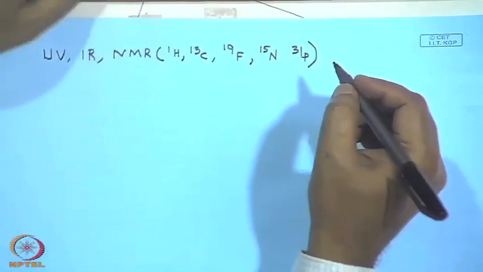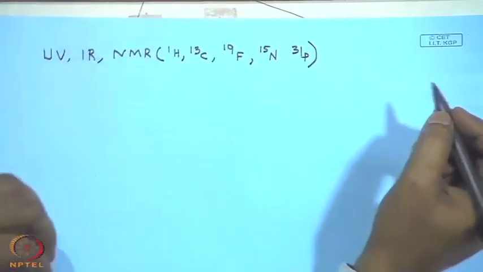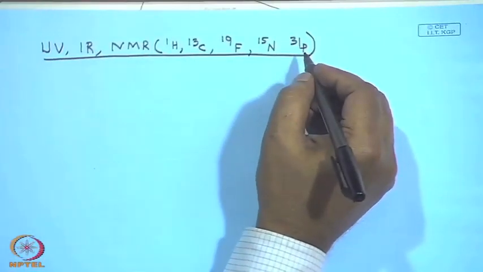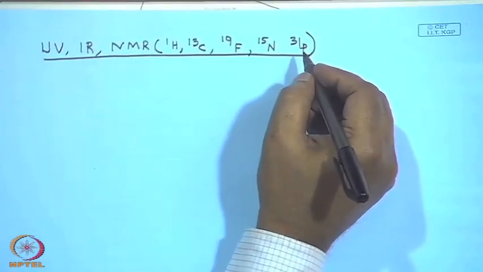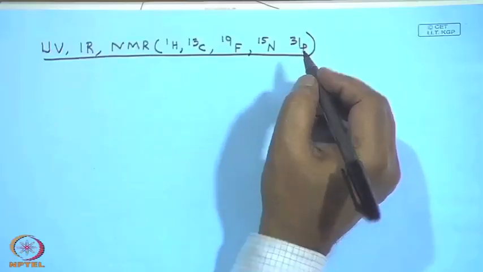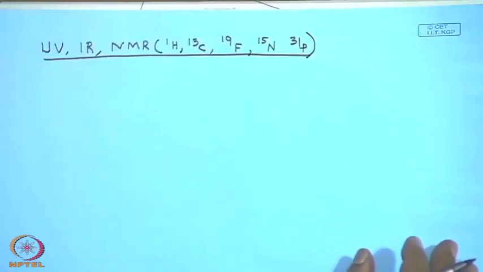There is also a group of compounds, phosphorus compounds. But if you go to Silverstein's book, what you will find is there is no chapter on UV, the reason being they are not useful.